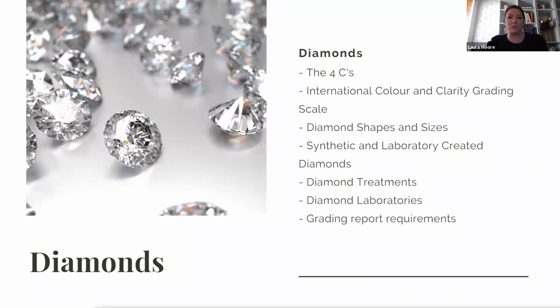The diamond section will also provide a list of diamond labs from around the world and laser inscription requirements. Another helpful section within this chapter is a list of elements which should be included in a diamond grading certificate. For many of you, much of this information will be known and used regularly. However, for new staff or when needing to know the acceptable standards and terminology, this diamond section is very important to read through and understand.